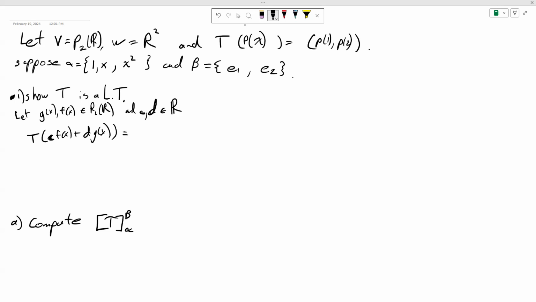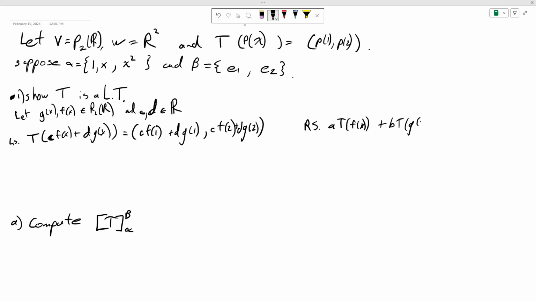And this is my left side, this is going to equal (c f(1) + d g(1), c f(2) + d g(2)). And my right side is going to be c T(f(x)) plus d T(g(x)).